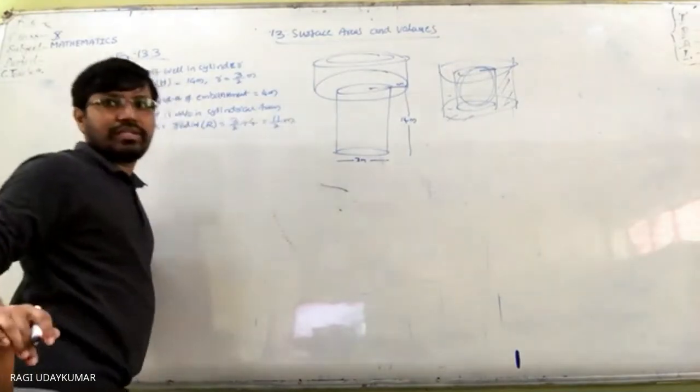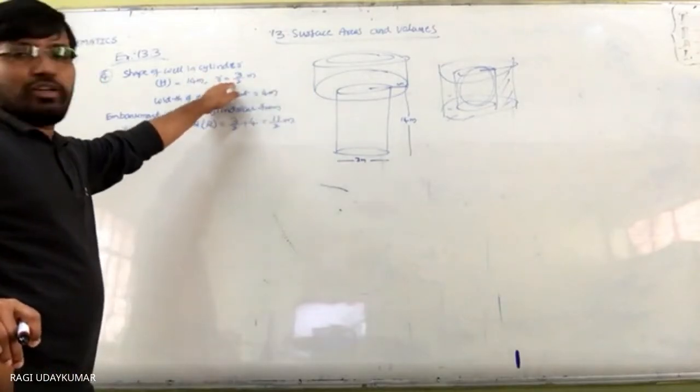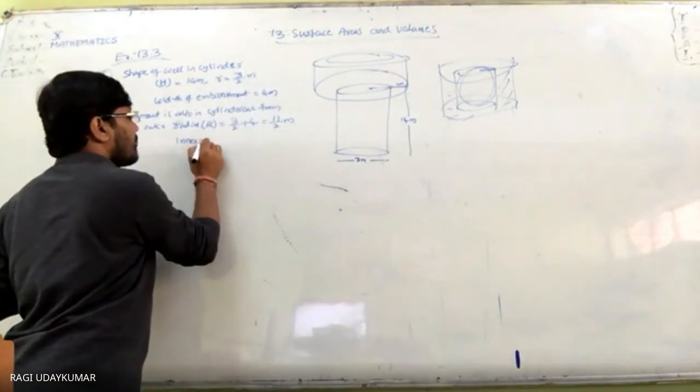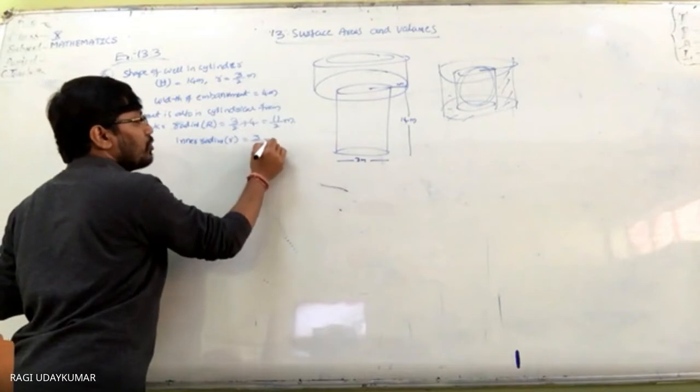And the inner radius will obviously be 3 by 2, smaller, that is 3 by 2 meters.